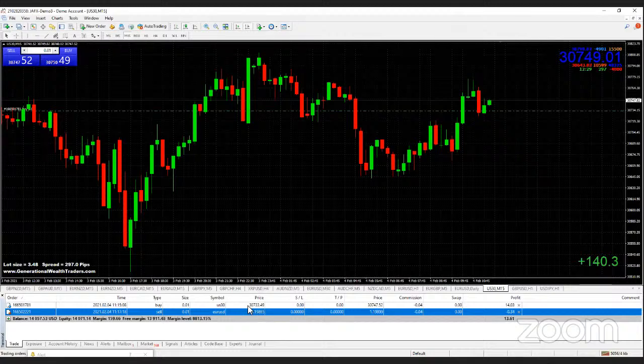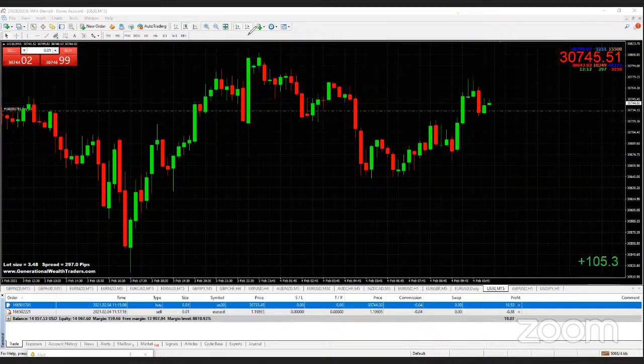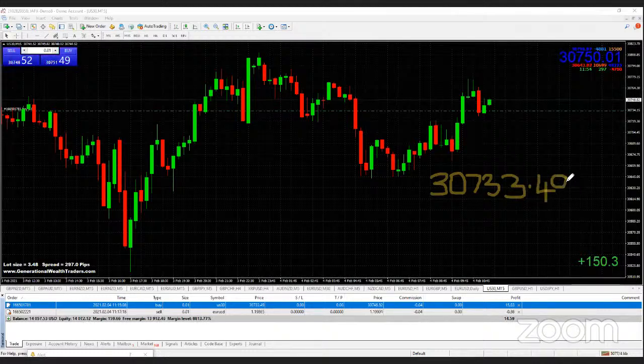Our entry price for the index for Dow 30, US 30, was 30,733.49. Okay.